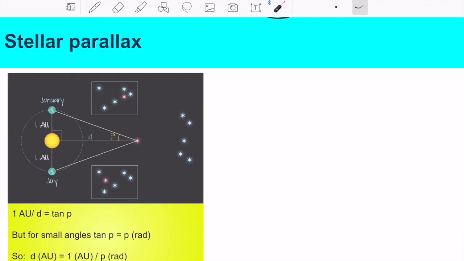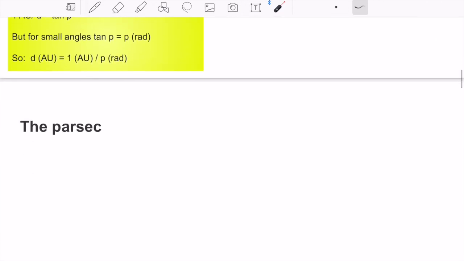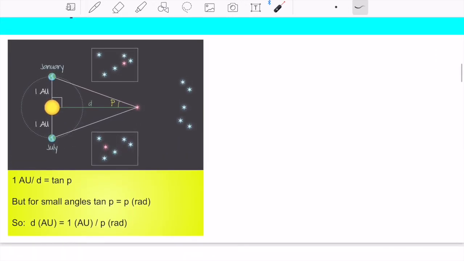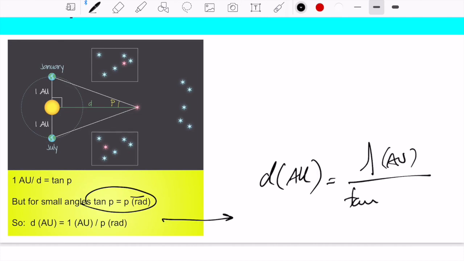So let me put here the equation. Using this approximation, the distance measured in astronomical units to the star is equal to 1 astronomical unit over the tangent of rho, which is the same as 1 over rho. So this is the equation. If we know the angle, we know the distance in astronomical units.